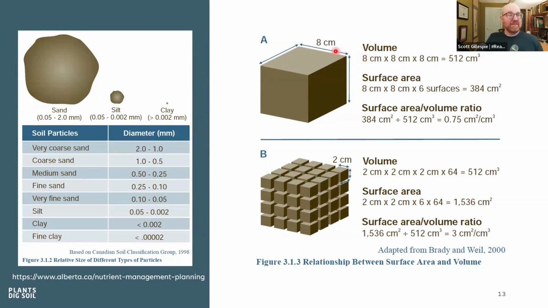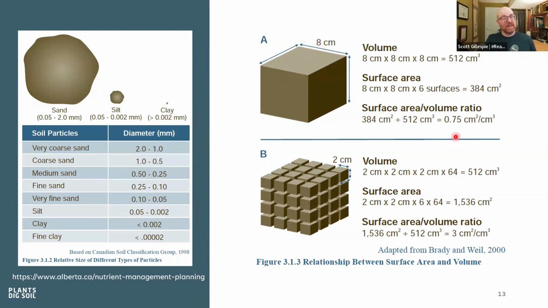So this here is just an example calculation that they give to show surface area to volume. So in this example, an 8 centimeter by 8 centimeter by 8 centimeter cube would have 0.75 centimeters of surface area per every cubic centimeter.